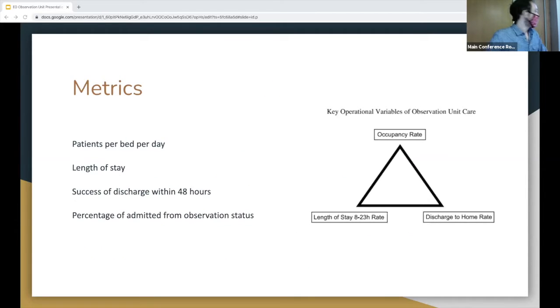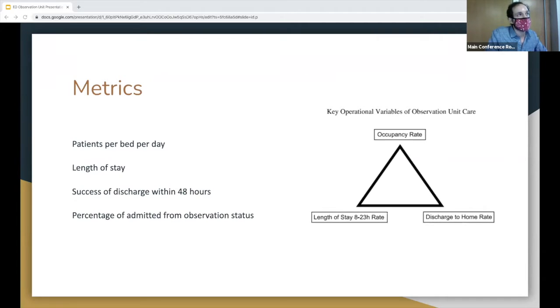There are metrics that are used on a national basis to determine if this is a highly functioning observation unit. So it's patients per bed per day, and generally, you want this to be above 0.9 for your beds. Length of stay, which should on average be 15 hours. Successful discharge within 48 hours, and then percentage of admitted patients from observation.